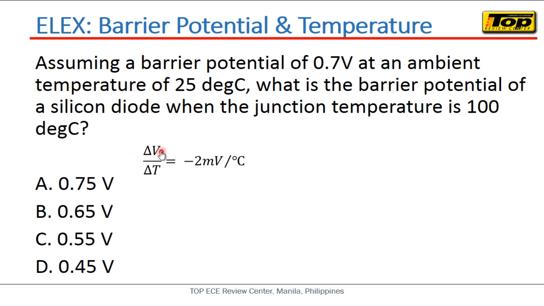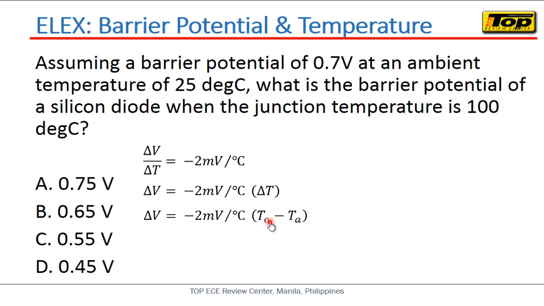So sa isang degree Celsius na tinataas ang temperature, negative 2 millivolts naman ang binababa ng barrier potential natin. Okay? So rearranging this equation, that will be negative 2 millivolts per degrees Celsius multiplied by the delta T. And delta T, of course, delta means change. So this is the difference between the operating temperature and the ambient temperature. Operating temperature is the temperature at the junction, while the ambient temperature is the temperature surrounding the diode or the junction.